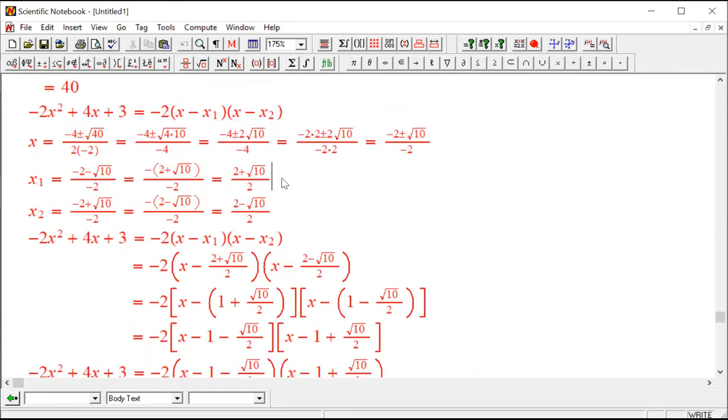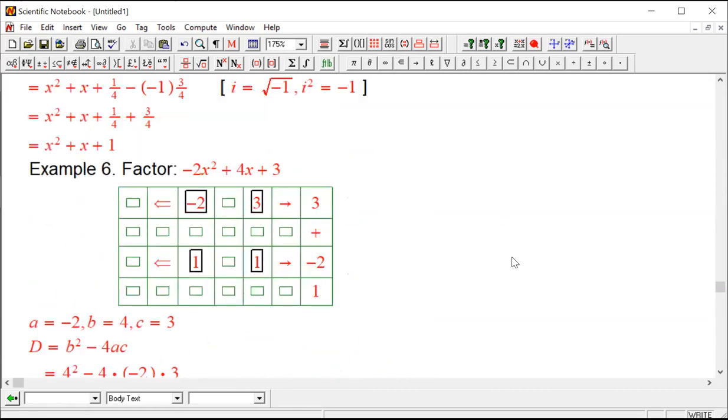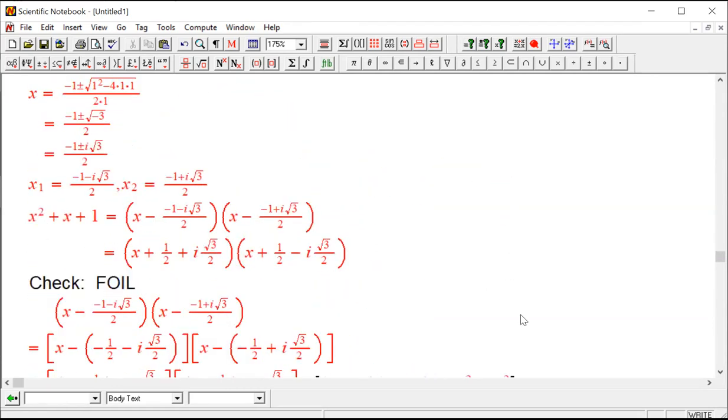And furthermore, you can see this very clearly. In this case, it's in the form of 1 plus root 10 over 2, and in the latter form, it is 1 minus root 10 over 2. So they are conjugate to each other. In the earlier form, it's even more obvious.